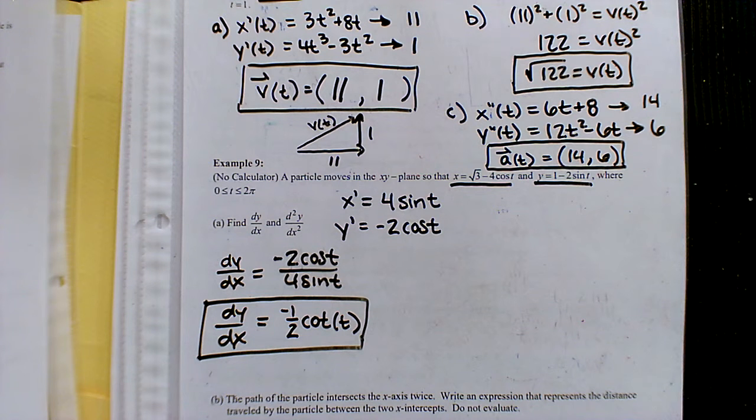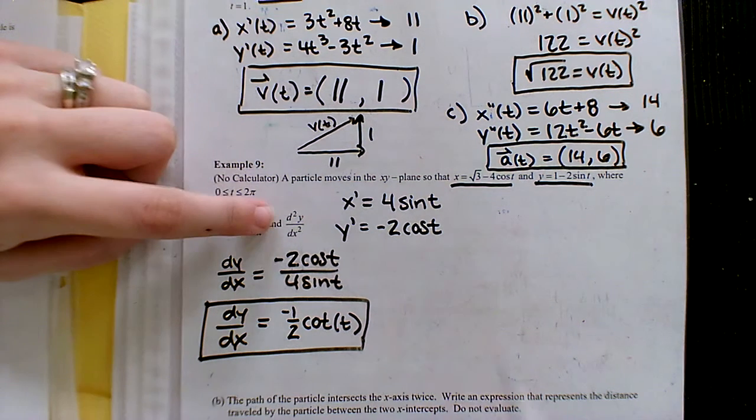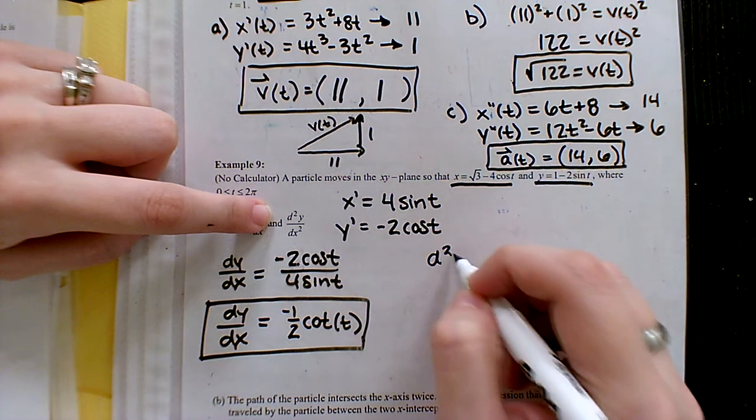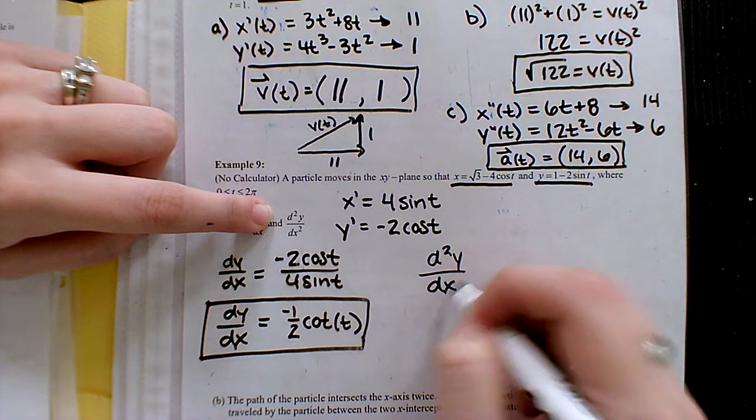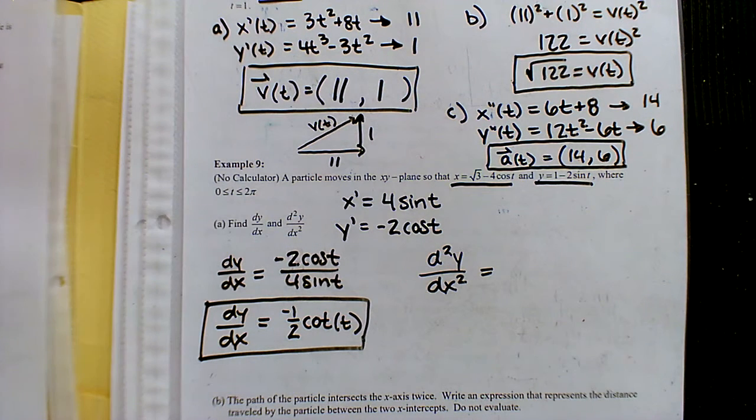All right. So now we get to the trickier one. How can we find the second derivative of a parametric set? Can you describe it?